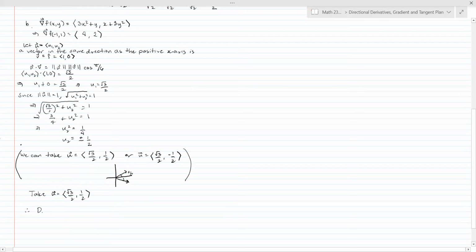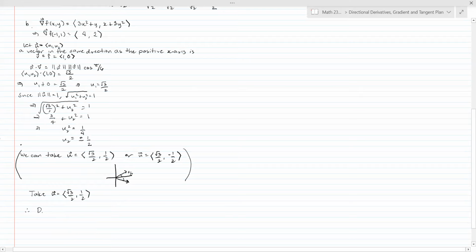At point (-1, 1) is equal to the dot product, ano yung gradient na nakuha natin? (4, 2). And then this derivative is equal to 2 square root of 3 plus 1. Or if we take yung negative counterpart, ang makuha nating derivative ay negative 1. Okay, kasi dalawa yung possible.